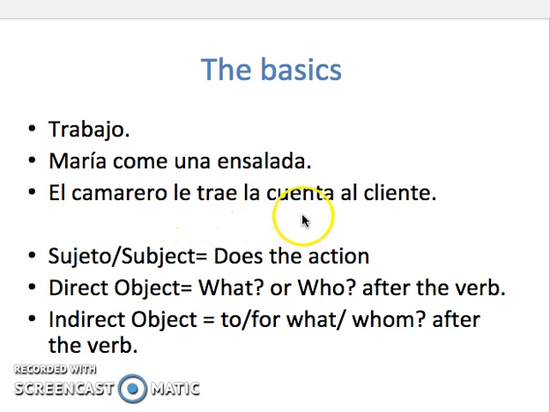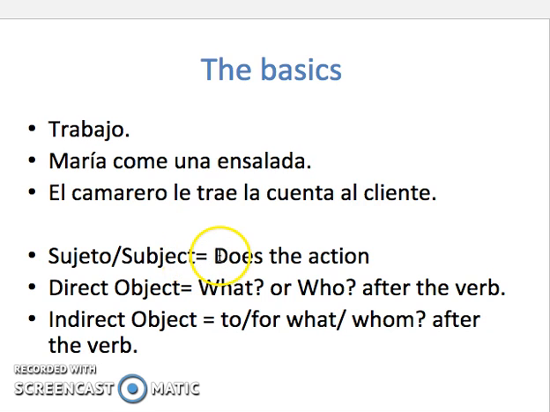So, he brings the bill or the check to whom? So, al cliente would be your indirect object, okay? That le that you see there, remember, is in Spanish, whenever you have the indirect object, you need also to have the indirect object pronoun. In English, that would be redundant, but in Spanish, it has to be there.